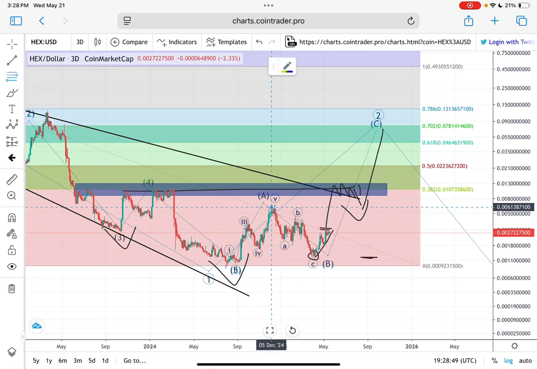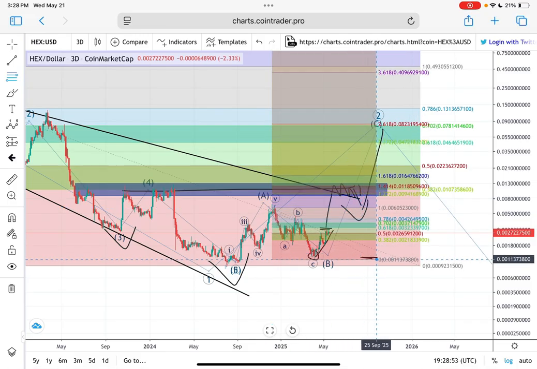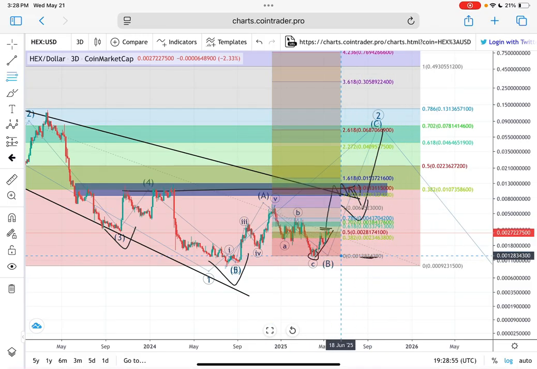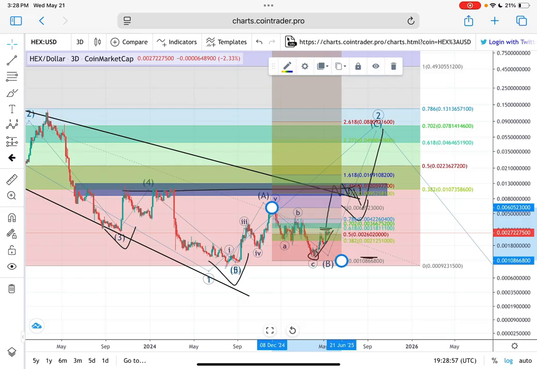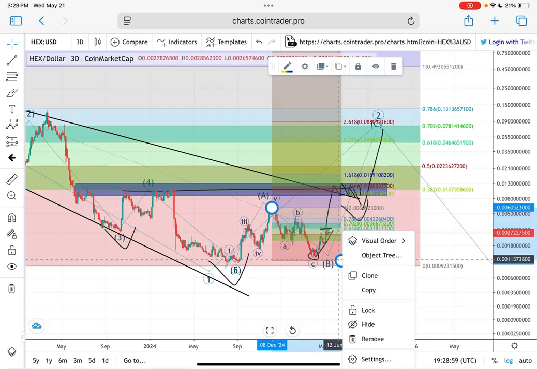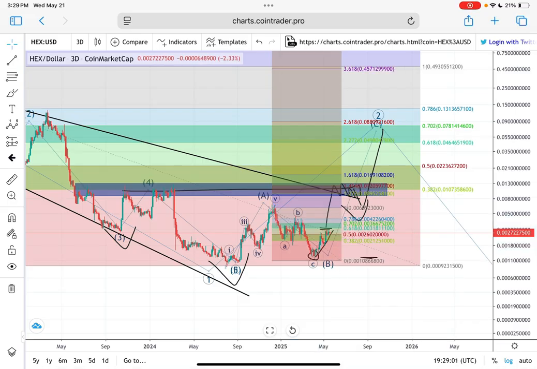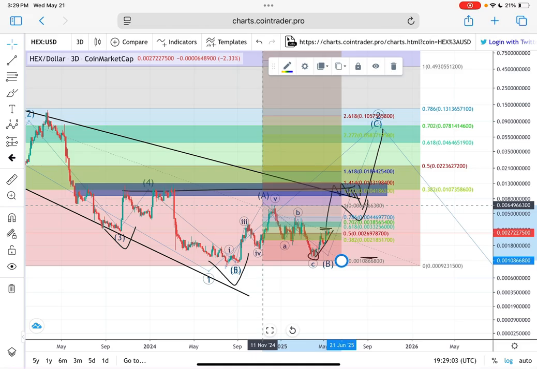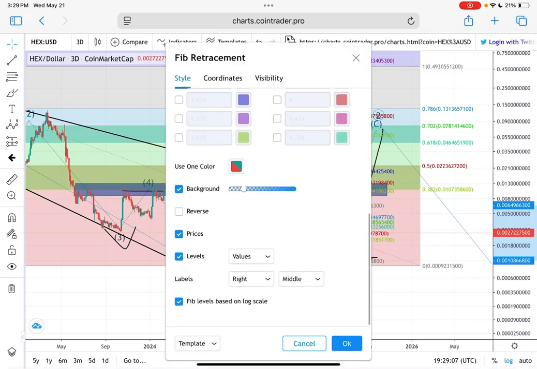Now what you can also do is take a fib from this high here in December down to this low, and look where the, let's just check this out on the linear scale.